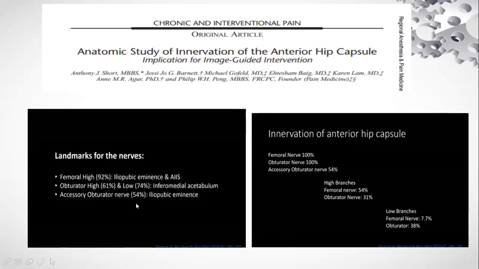The accessory obturator nerve, in 54% of cases, was found at the iliopubic eminence, the same location as the femoral high branches. On the detailed study of the anterior hip capsule innervation, they found that the femoral and obturator nerves were contributing 100% of the times, whereas the accessory obturator nerve was contributing more than half of the times, around 54%.